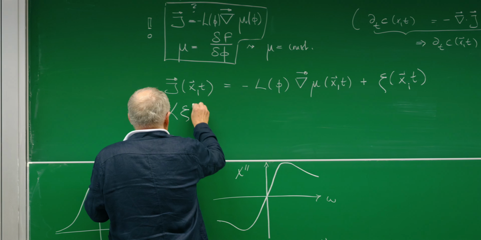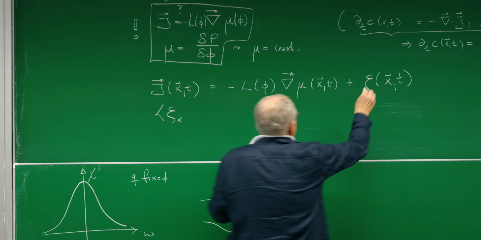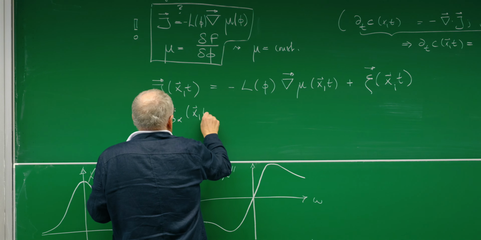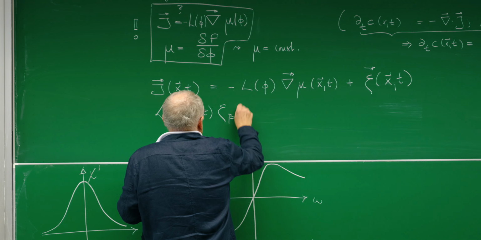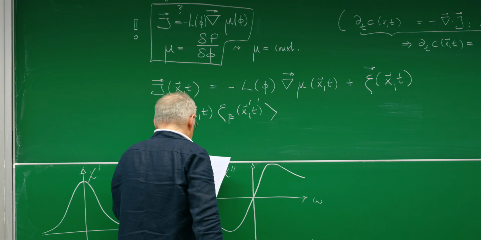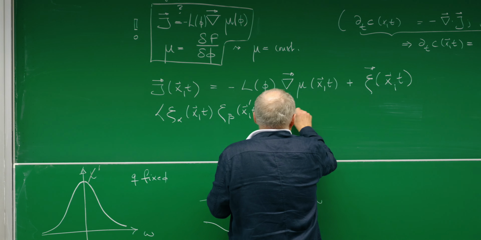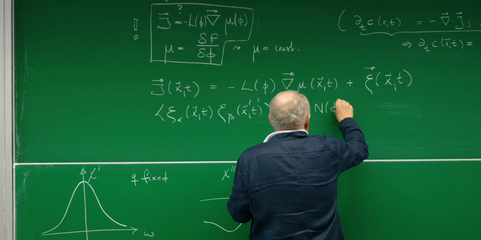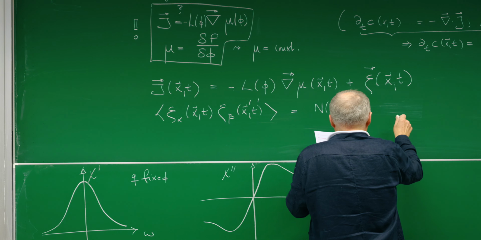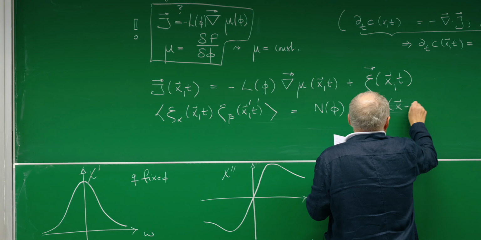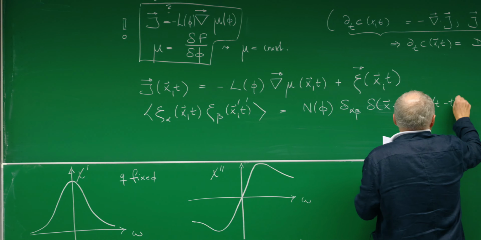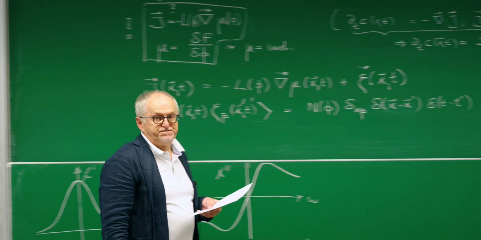And I assume that the noise that we have here is a vector. This noise has Gaussian correlations with a variance that's given by a noise amplitude that also can depend on phi, delta alpha beta, delta of x minus x prime, delta of t minus t prime.